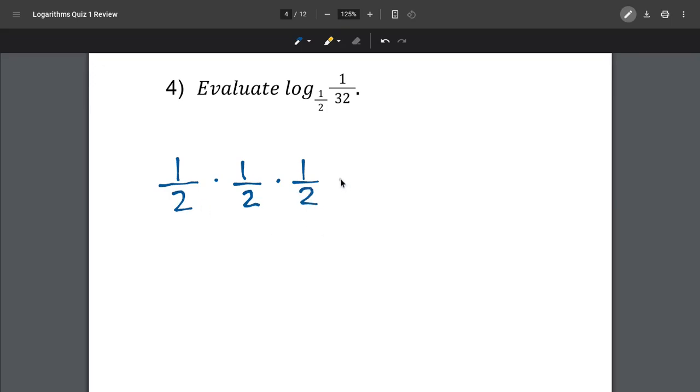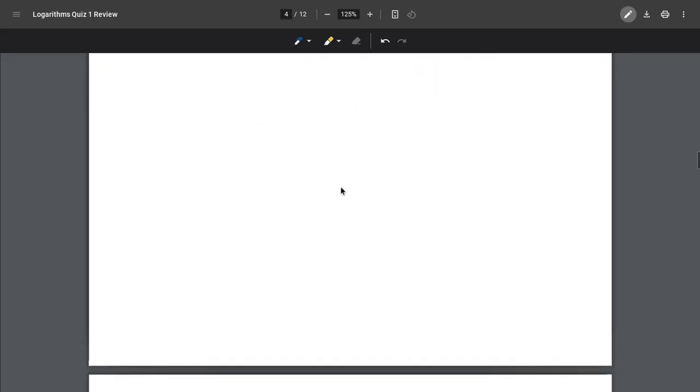This is 1/8. Keep going. This is 1/16. Keep going. Well, now we have 1 over 32 when we multiply 1/2 5 times. So the solution here is 5. All right, let's keep going.